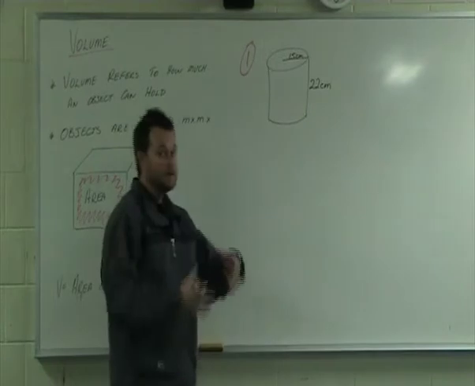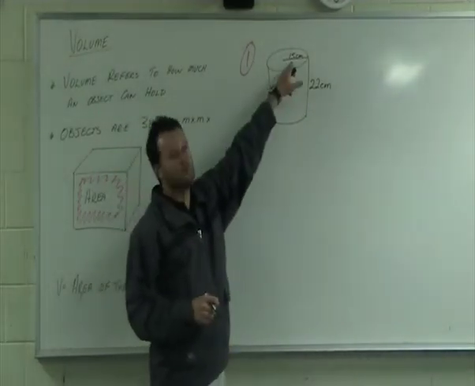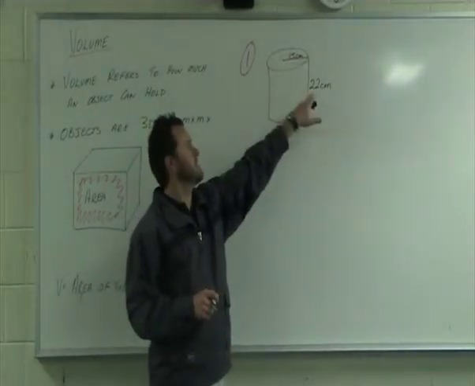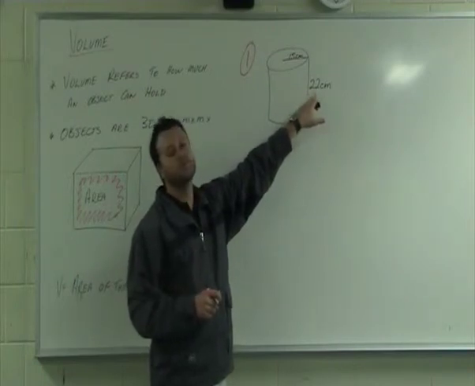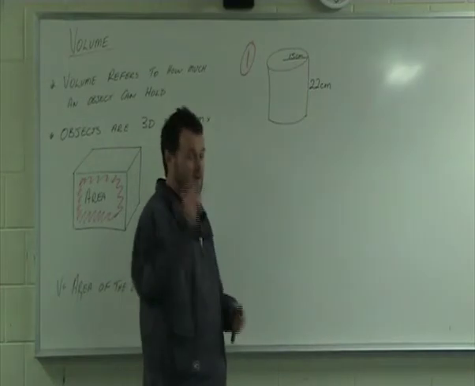It's a cylinder, circle as the base shape, has a radius of 15 centimetres and a height of 22 centimetres. Practice number 2.